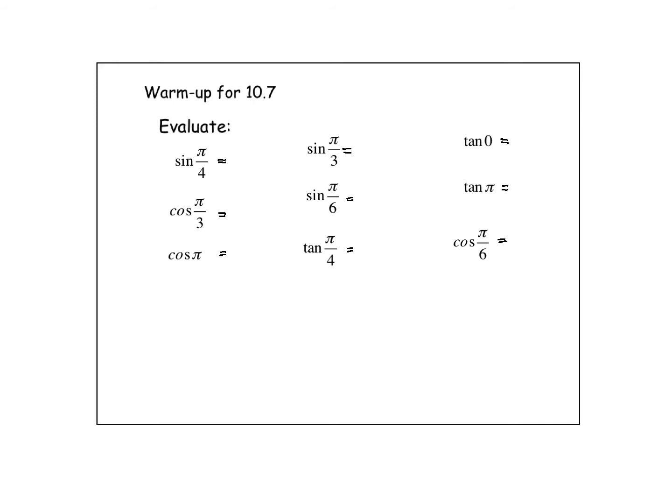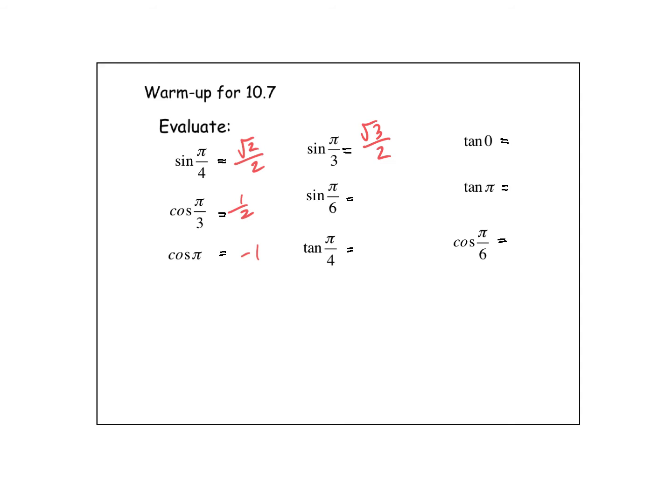Root 2 over 2. So tan is 1 there. Yes. Let's go down. So cosine at pi over 3. Cosine at 60. 1/2 is correct. Cosine at pi. -1. Sine at pi over 3.